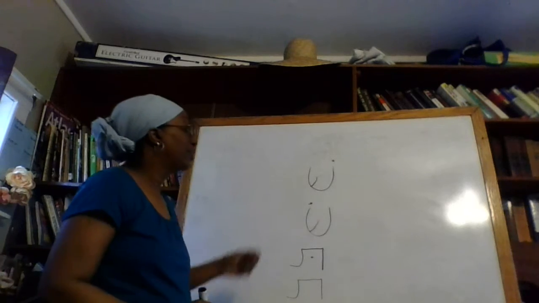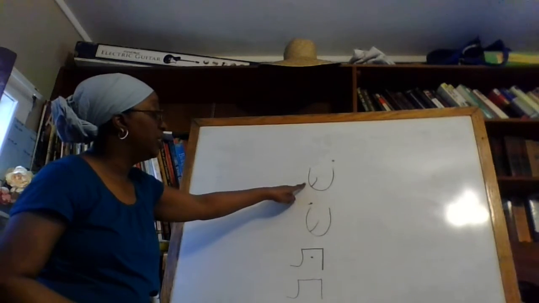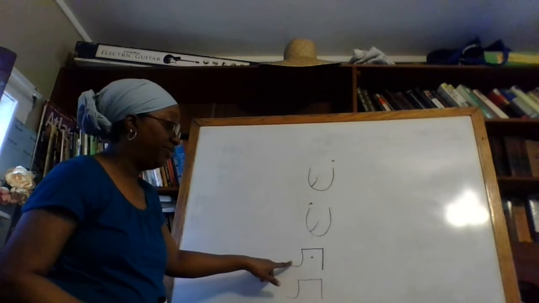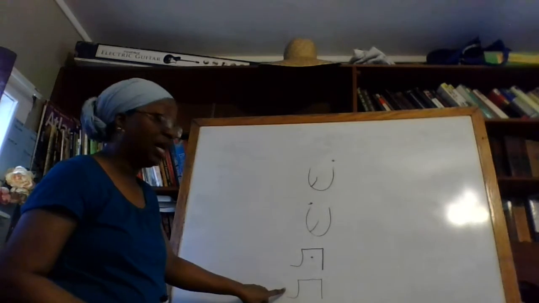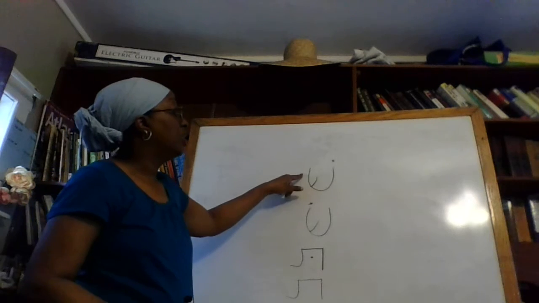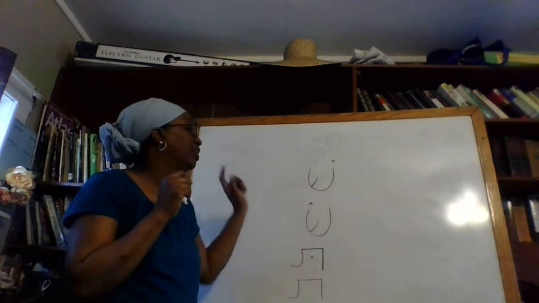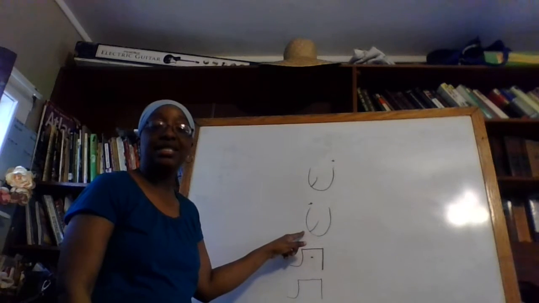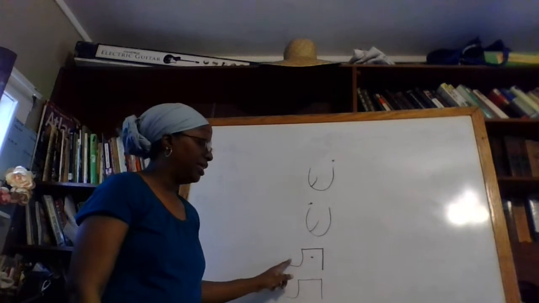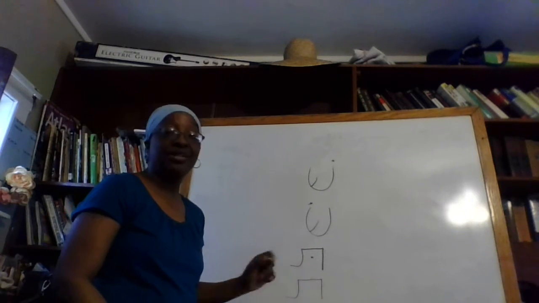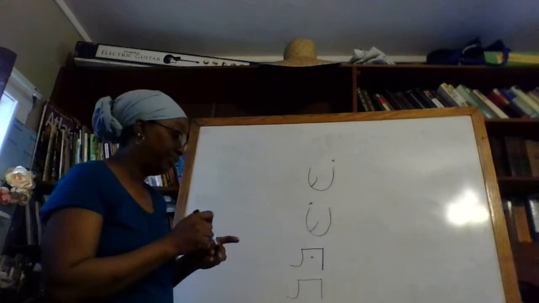So this is Shin, Sin, Tav. Shin makes the sh sound. Sin makes the s sound. Tav makes the t sound, with or without the dagesh.